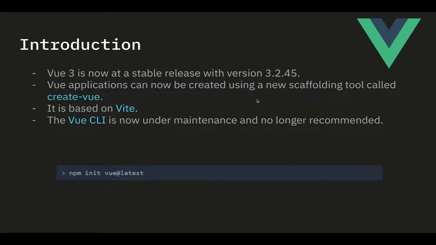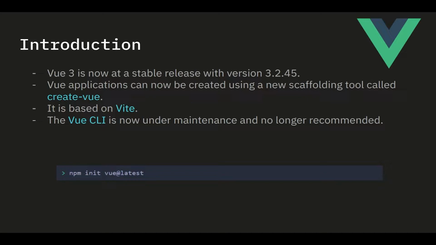So now Vue 3. This is actually the first time we're doing an intro to Vue 3. Vue 3 is now at a stable release, and projects can now be created using a new scaffolding tool called Create Vue, which is based on Vite. Vite is also developed by Vue, and it's a build tool that's really fast and does what's known as hot module replacement.